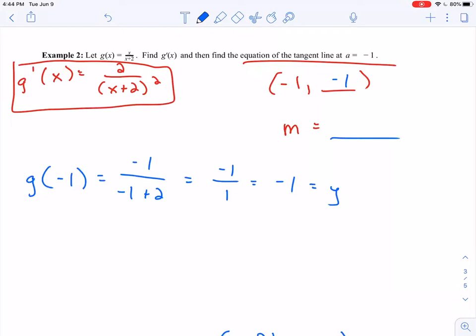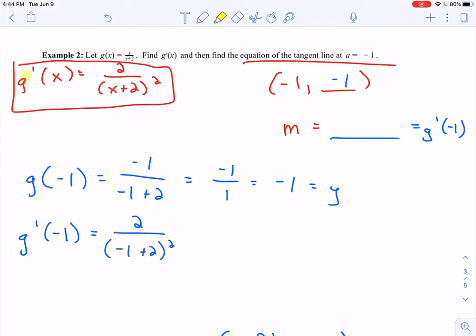Well, how do I do that? Remember, the slope of the tangent line is really equal to the derivative at -1, g prime of -1. So I'm just going to take -1, plug that into my derivative, and then that will tell me the slope of the tangent line. So g prime of -1 is 2 over -1 plus 2 quantity squared.